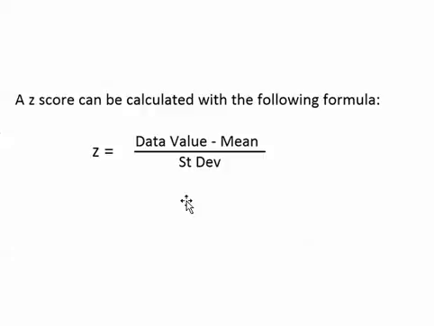So like I said, we could have used this formula all along to find the z-scores, but I was doing it the hard way to help you understand the concept of a z-score. If you wanted to change this to symbols, x is the symbol for the data value. Mu, the Greek letter mu, is a symbol for the population mean, and the Greek letter sigma is a symbol for the population standard deviation.